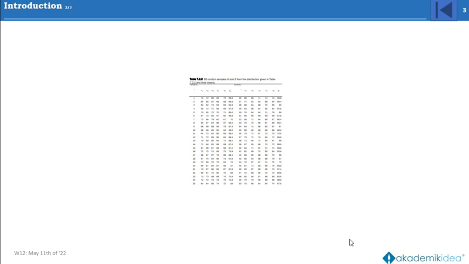In order to get an overall picture of the 50 means, let us group them into the following distribution.